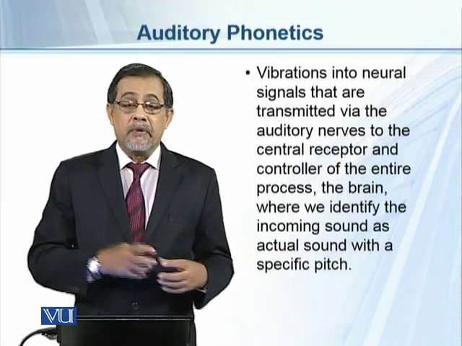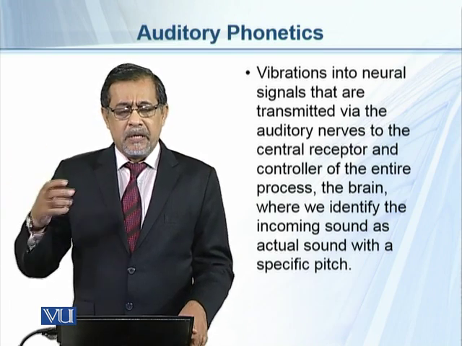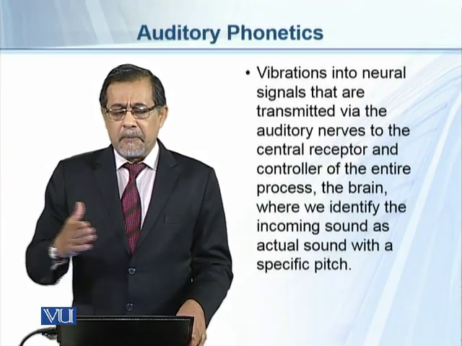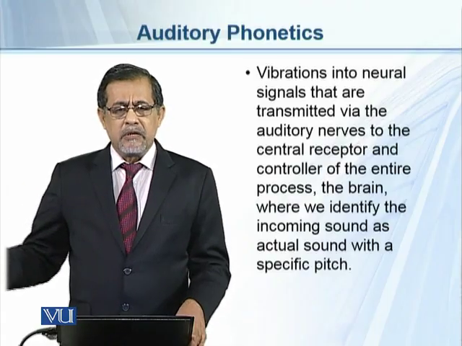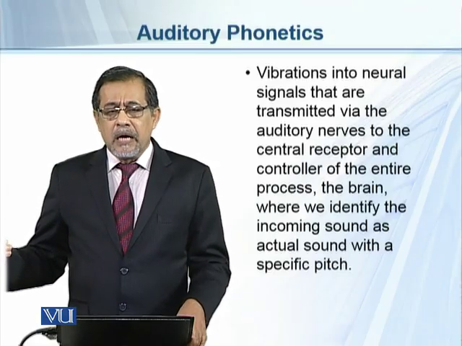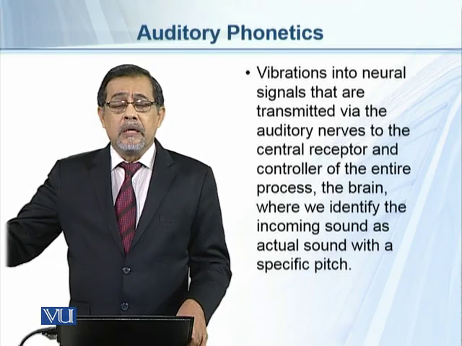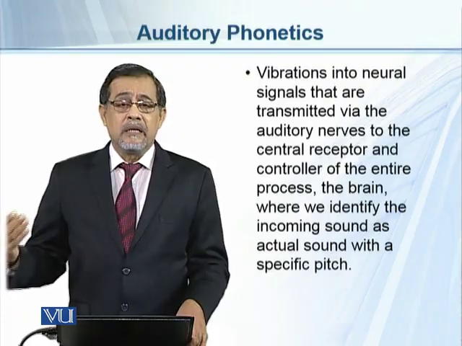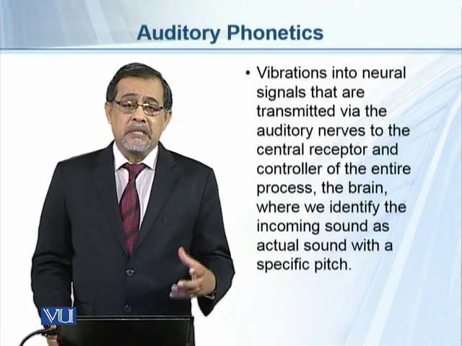This is how the sound wave touches the eardrum, and from the eardrum it undergoes a process of transformation from one part of the ear to the other, and how at last the sound waves are transformed into chemical activity, and then they are decoded. So this is how auditory phonetics works.